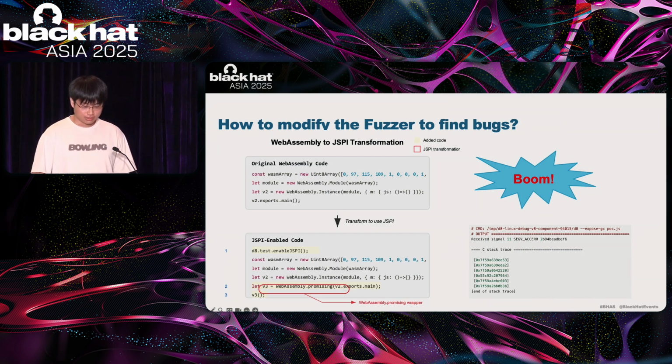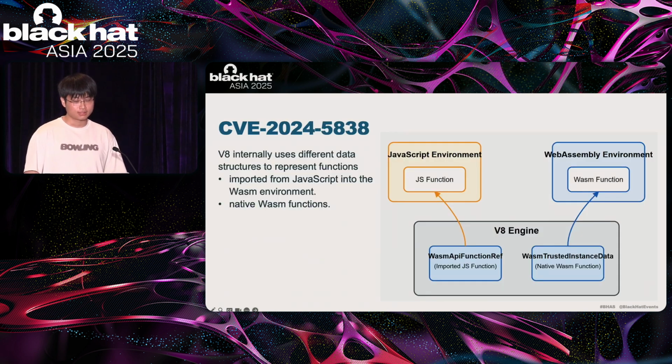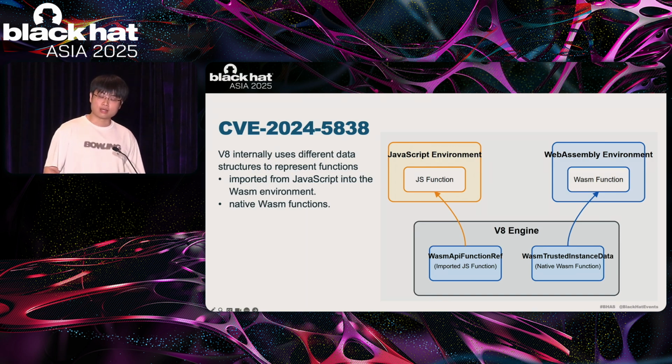The lower section illustrates this transformation. We start with standard WebAssembly code and introduce JSPI-related constructs such as D8's flag to enable JSPI and WebAssembly.promising to create JSPI-enabled test cases. Next, we'll discuss the vulnerabilities we discovered in JSPI.